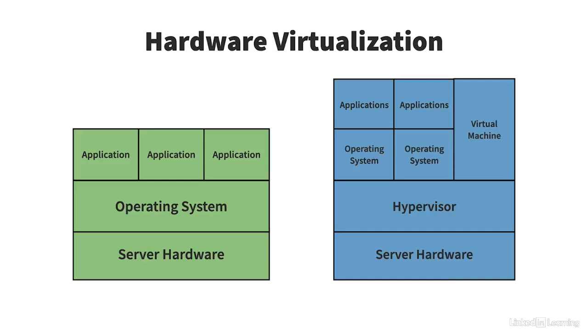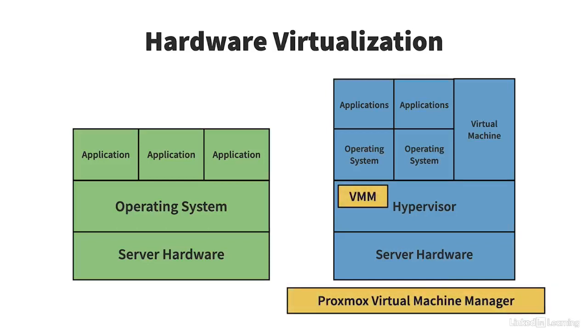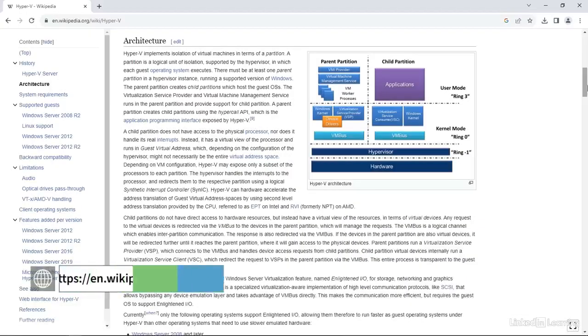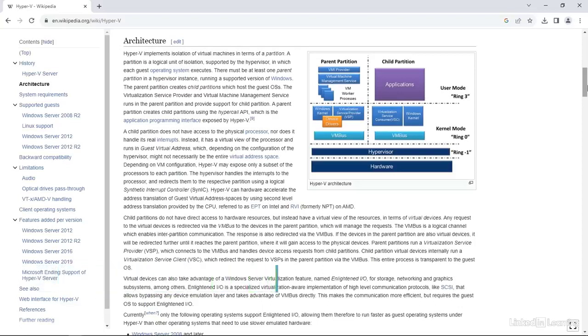The hypervisor includes a Virtual Machine Manager, or VMM, which can be used to stop and start virtual machines and to configure how they operate. In the case of Hyper-V, the hypervisor management sits in what's known as the parent partition, and guest operating systems sit in child partitions.